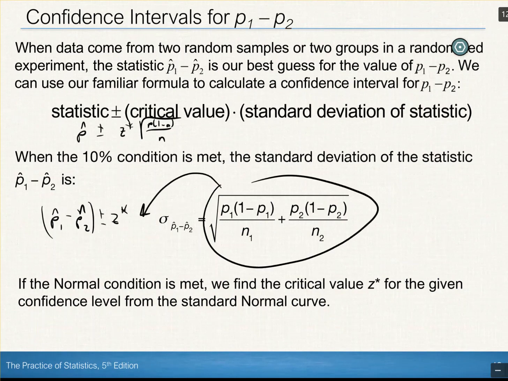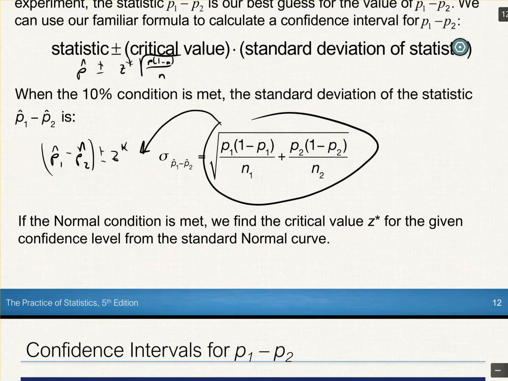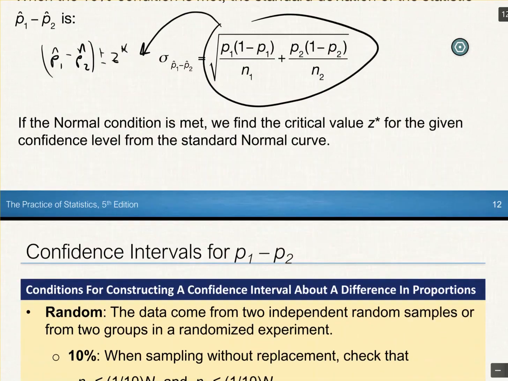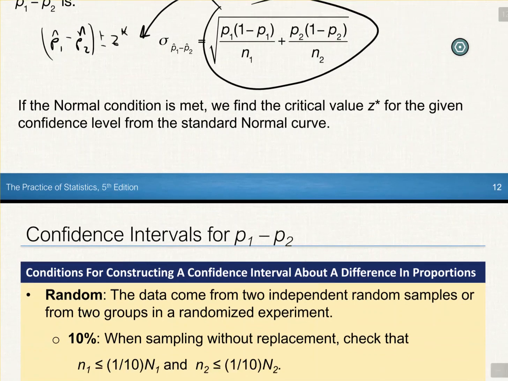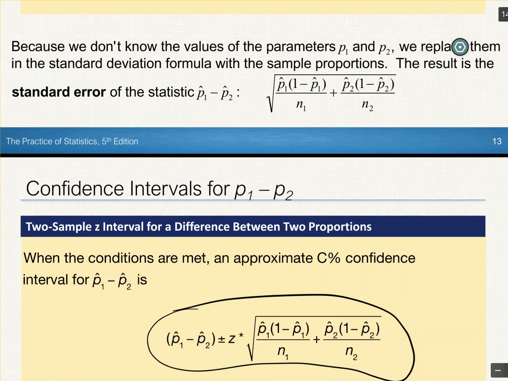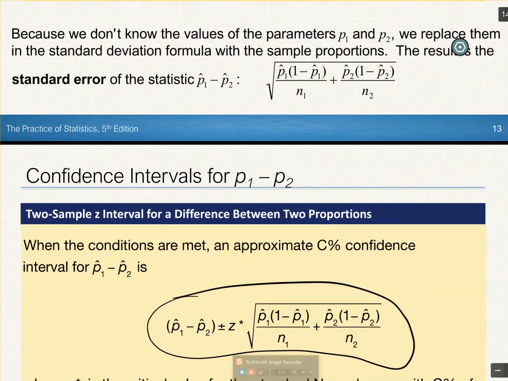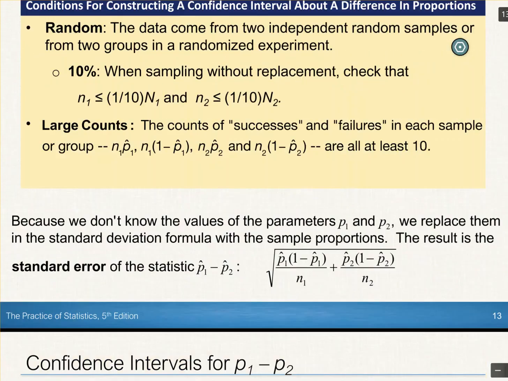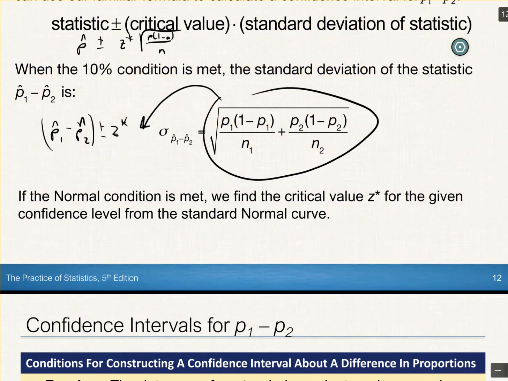And it's, like I said, very, very similar to what we've done in the past. And then again, we check if the normal condition is met, so we can use our normal distribution to try and figure this out. And again, I made a slight little error up here because these are p1s, not p1 hats.